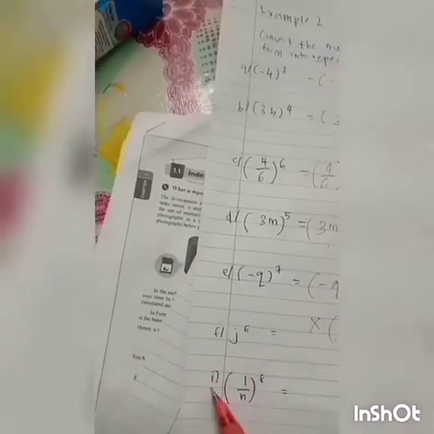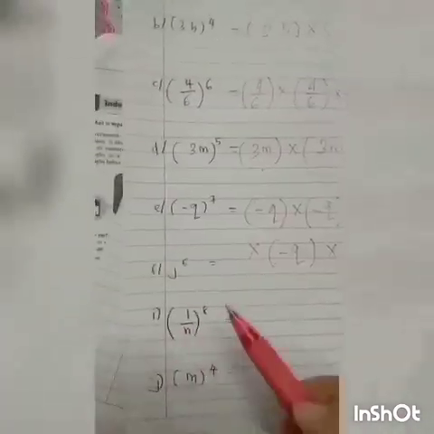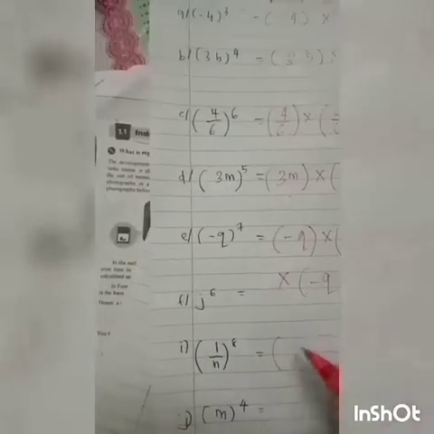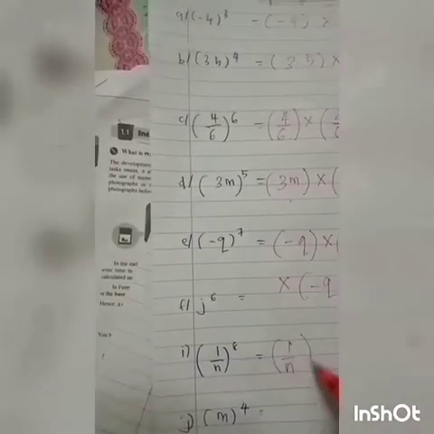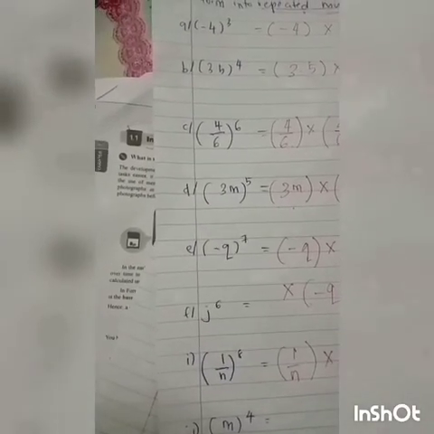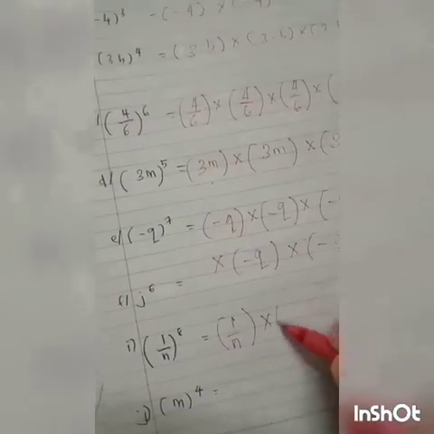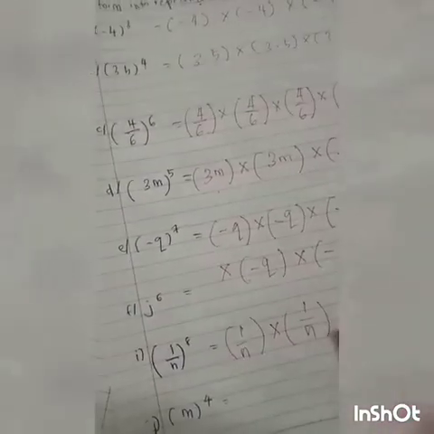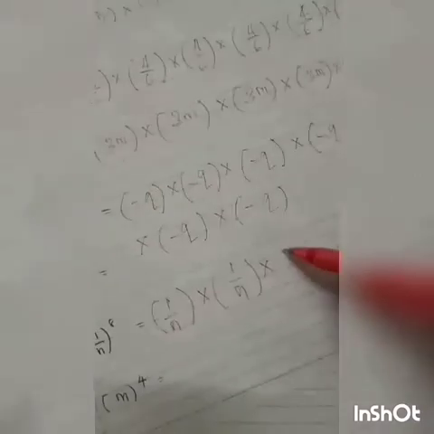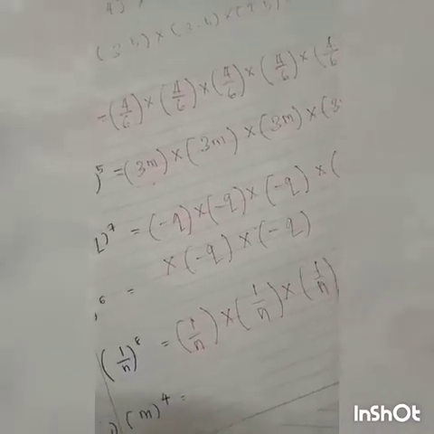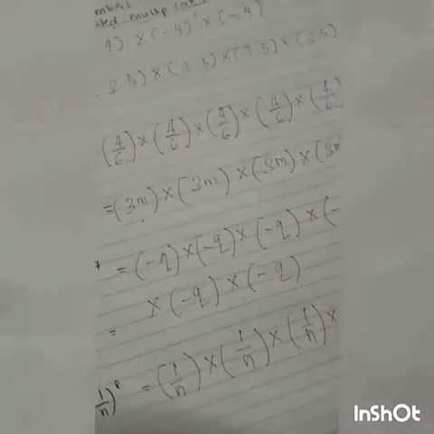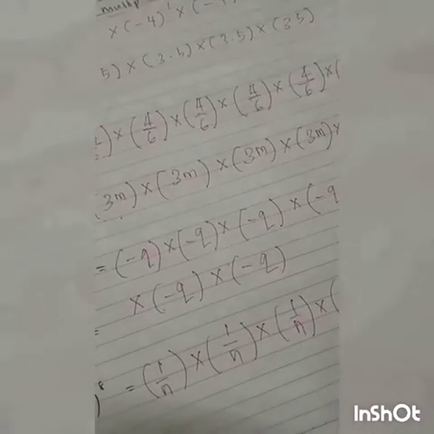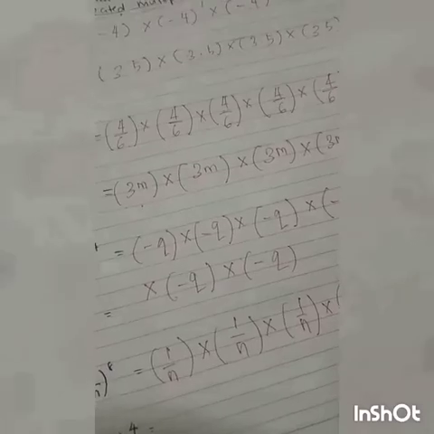And then for question I, bracket 1 over n multiply bracket 1 over n multiply bracket 1 over n multiply bracket 1 over n.